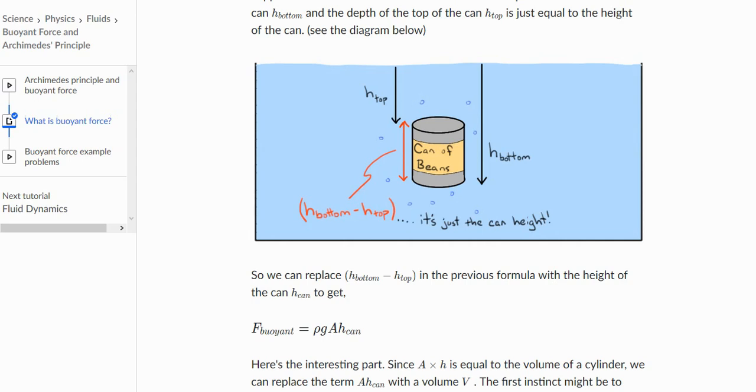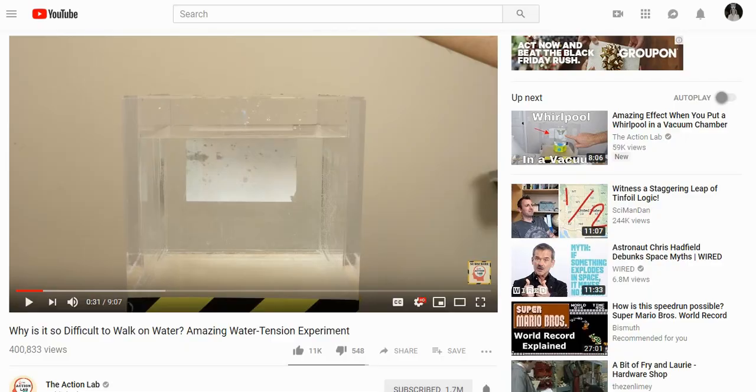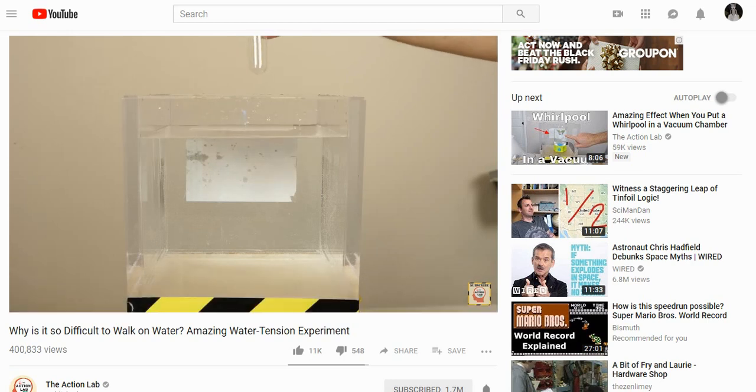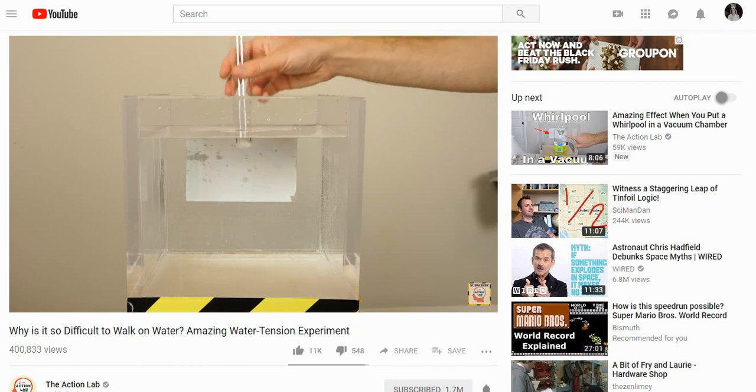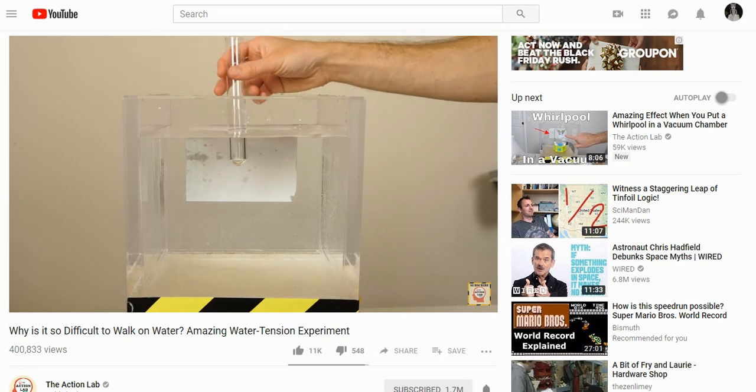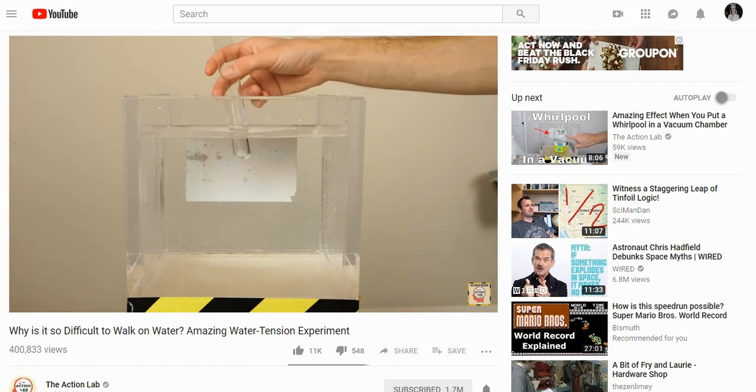There's also rotation. And so it takes me on to another video, and this is by a YouTube channel called Action Lab, and it's very good. He's got a lot of good videos on Action Lab for lots of different experiments that you can do. And in this one, he's putting a test tube into some water, and you can see it's very, very unstable.